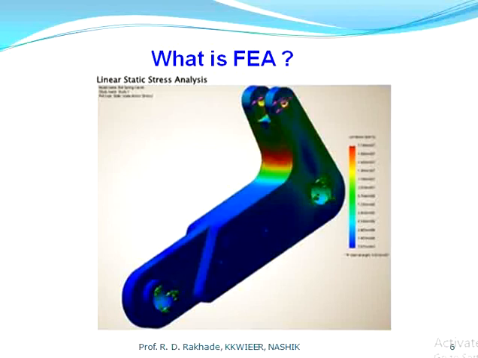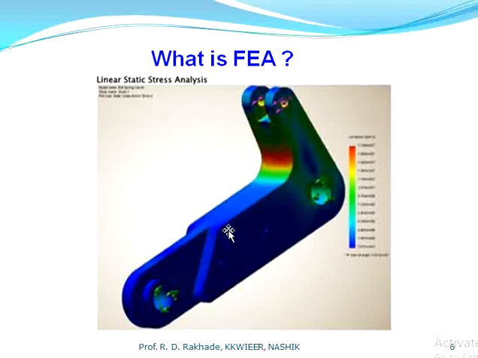So when you solve in ANSYS based on FEM, we can find there is a stress or strain variation along the element. So from color, there are various colors in this element. From that color, we can easily identify where is the maximum stress and where is the minimum stress.